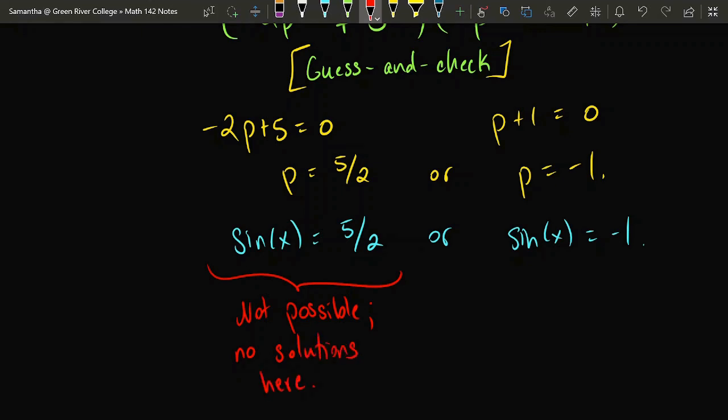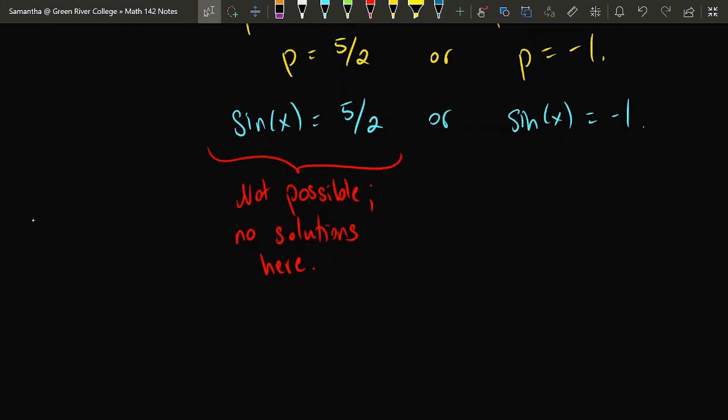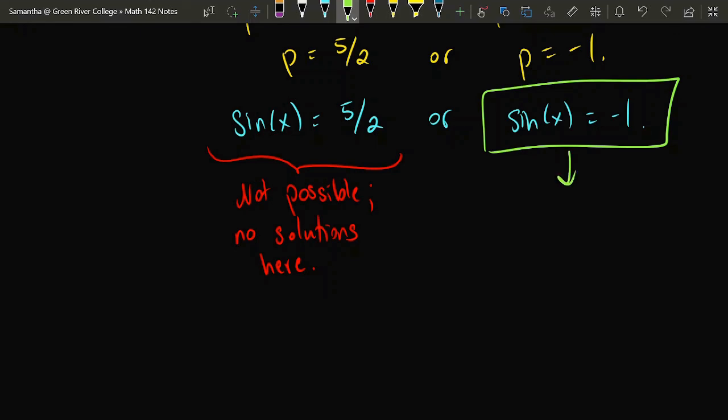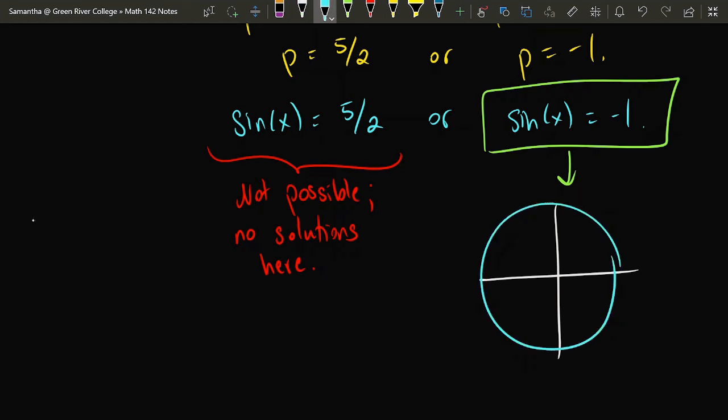The only solutions that we might possibly get would come from the branch sine of x is equal to negative 1. So let's have a look at the unit circle, because minus 1 is a commonplace unit circle value. Sine of x equals negative 1 only occurs at one location, at the very, very bottom of the unit circle.